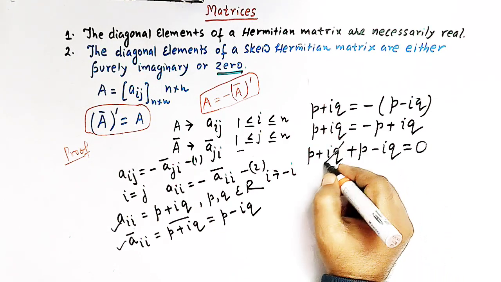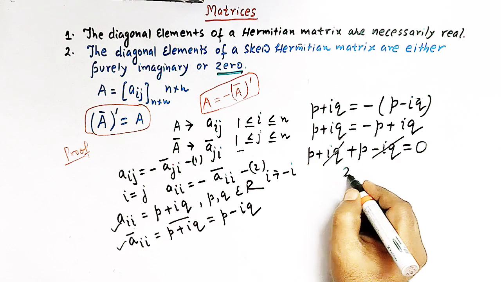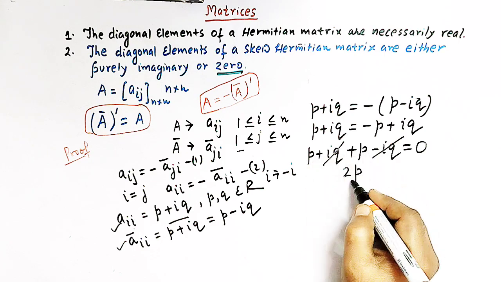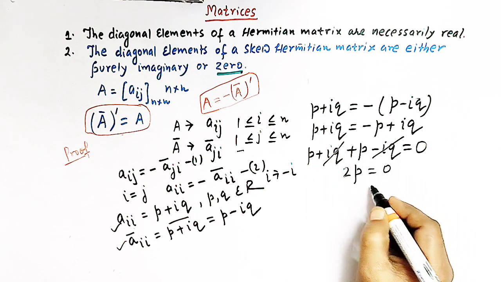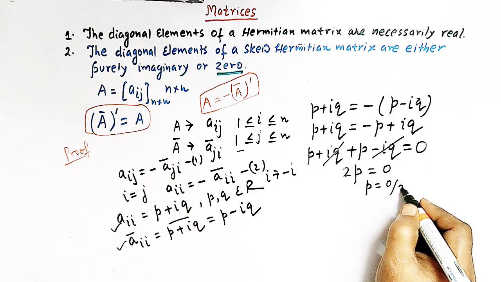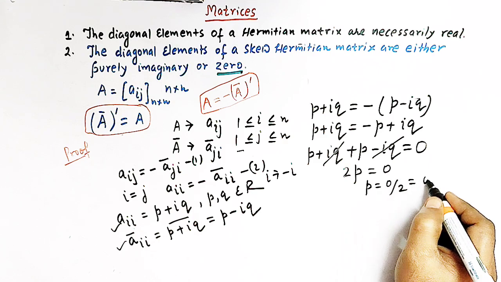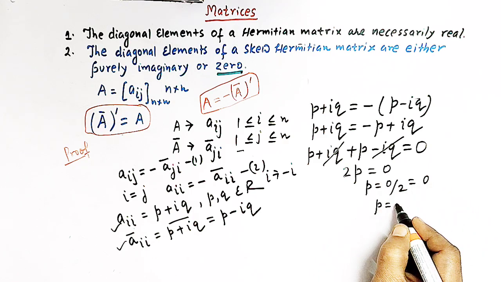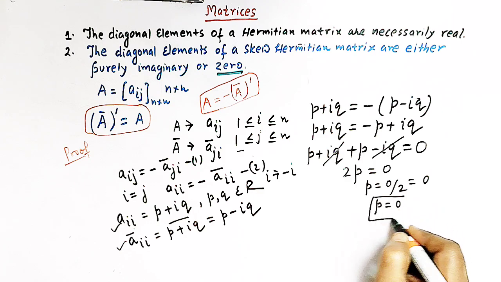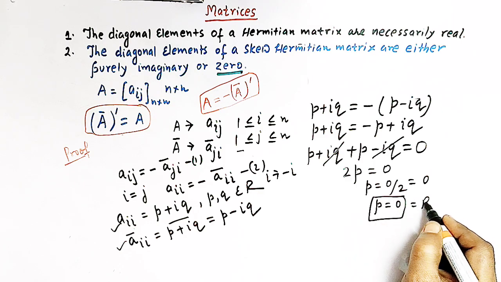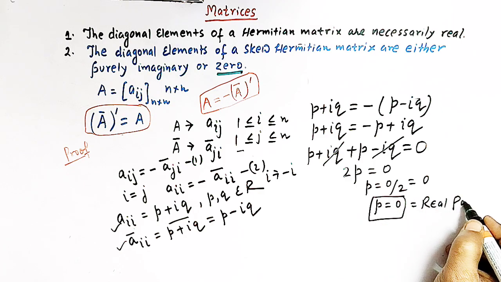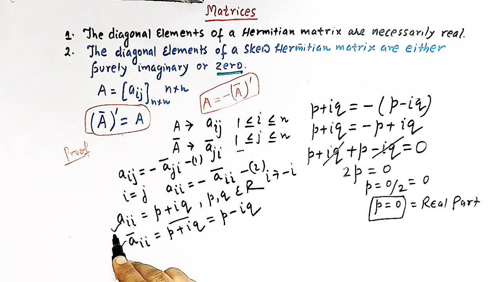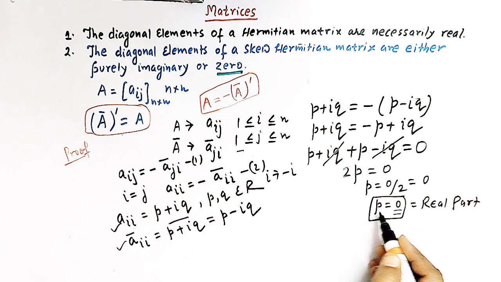So now these two terms get cancelled, and we have p plus p is equal to 2p, 2p is equal to 0, so p is 0 by 2, that is equal to 0. So we have arrived at this conclusion that the real part of this complex number, that is p plus iq, is equal to 0.